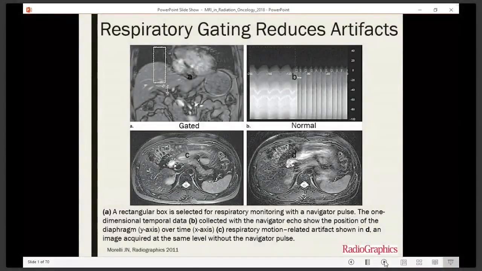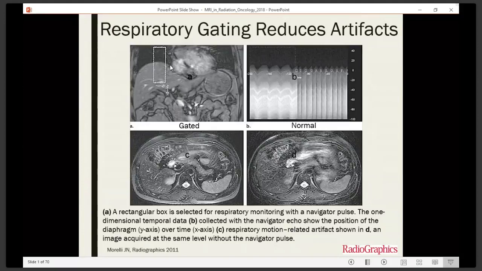One of the ones commonly used for imaging the abdomen in the radiology department is respiratory gating. This particular approach uses what's called a navigator echo, where data is acquired from a small piece of tissue very quickly, and it's placed typically centered on the border of the liver and the lung.